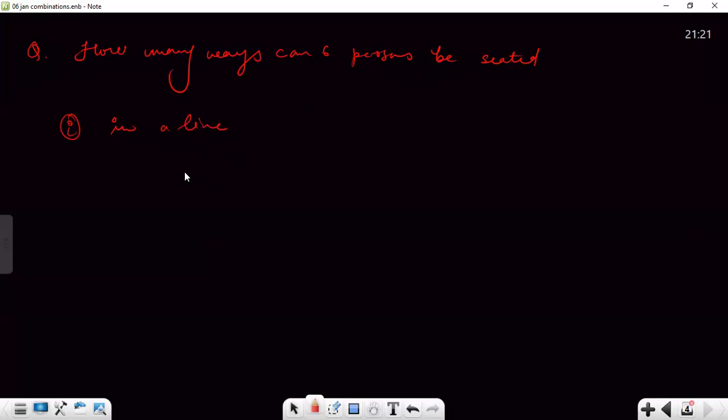For a line we knew it is basically n factorial, that should be 6 factorial, 720. Okay. On a table: n minus 1, n is 6, so 5 factorial. That is 120. That's the basic application. Clear, everyone?